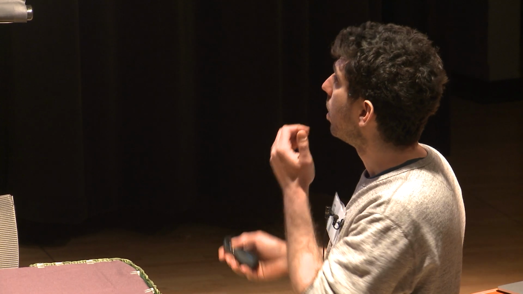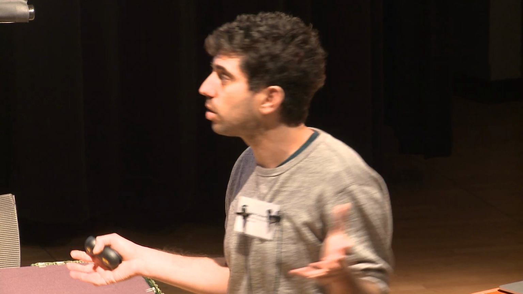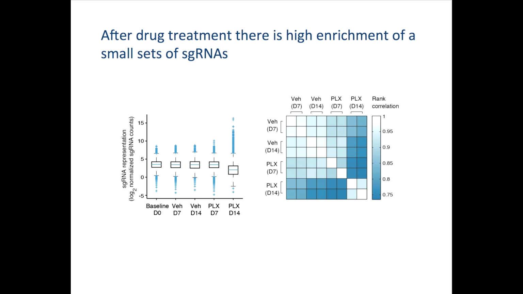Okay, so now at different time points, day 0, day 7, day 14, we take the whole population of cells, we PCR amplify the provirus, we count how many sgRNAs we get, basically how many cells we get from each sgRNA.